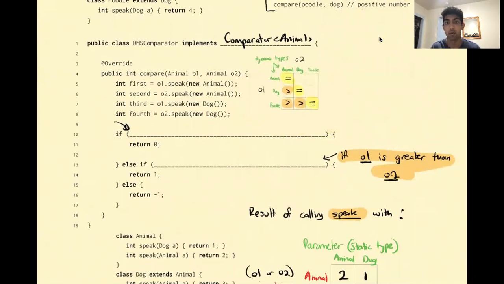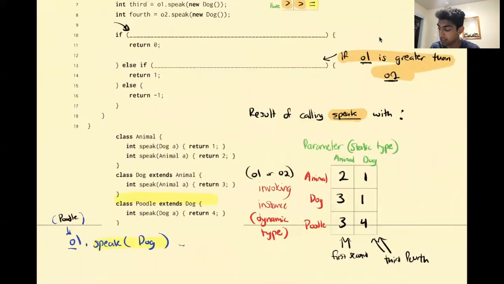Okay, so what we're going to do is ask ourselves if this is an animal, right? If O1 is an animal and O2 is an animal, how can we use this data to say that they're both animals? I think that was a little poorly worded, so I'll say that again.